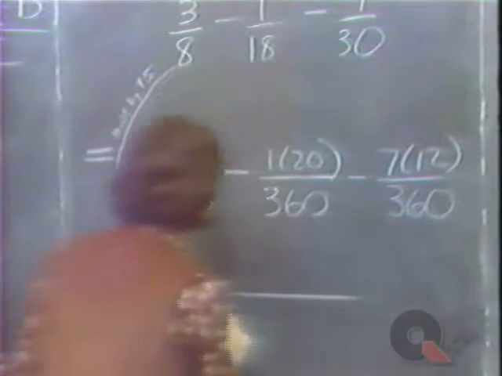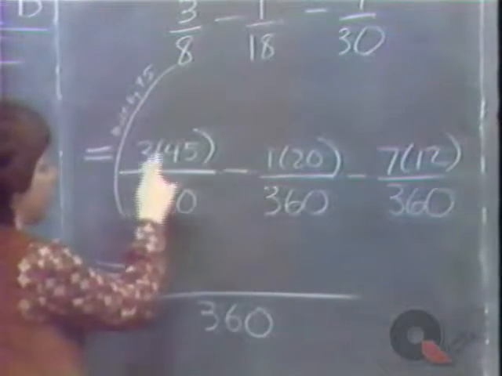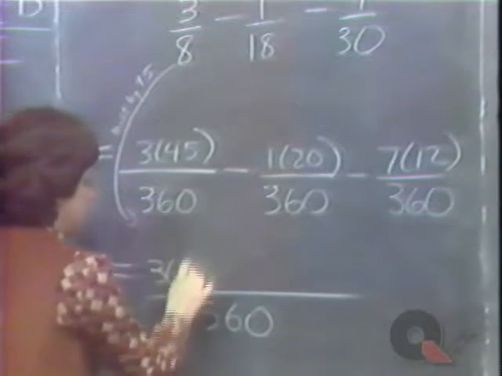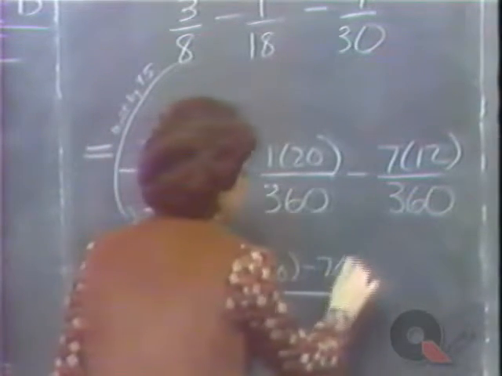We combine now the numerators over this least common denominator. 3 times 45 minus 1 times 20 minus 7 times 12.